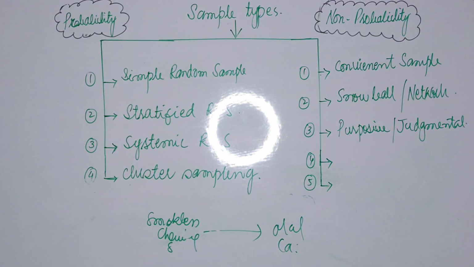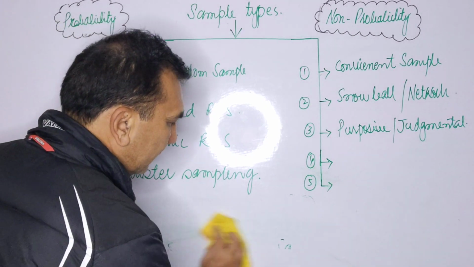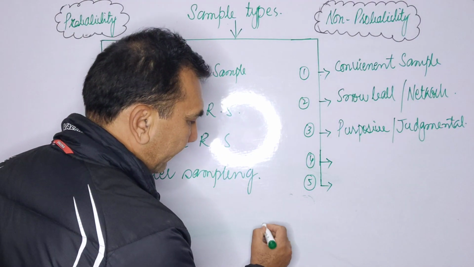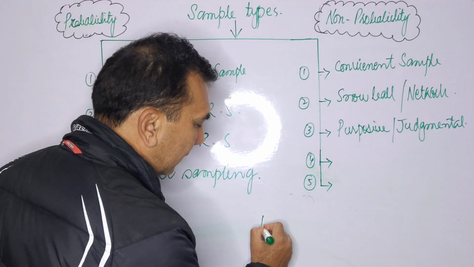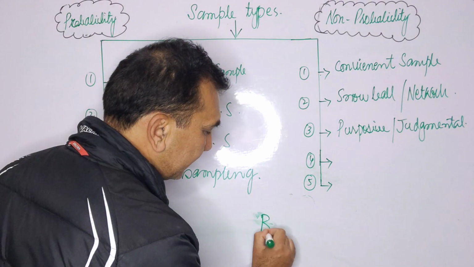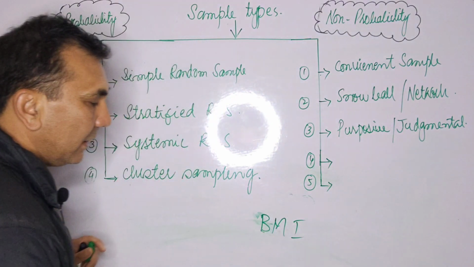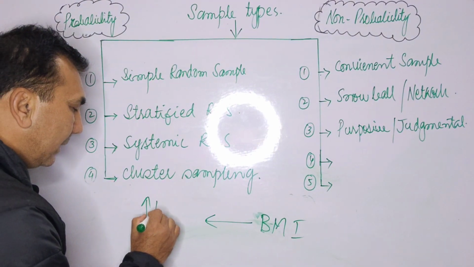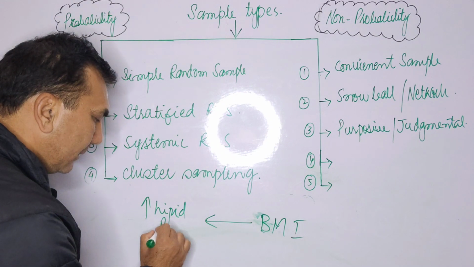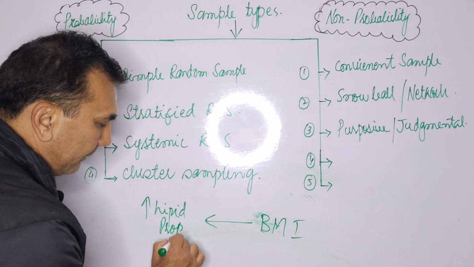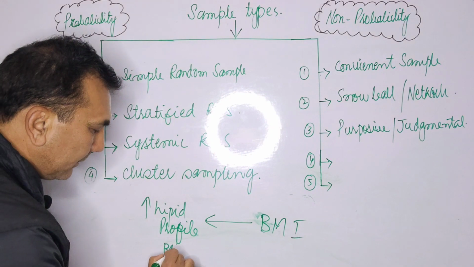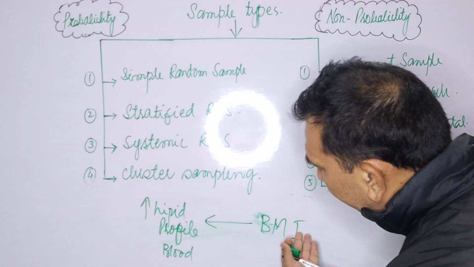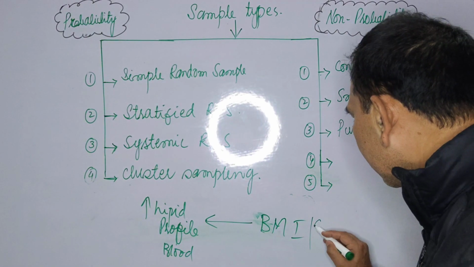Now, another example. Suppose he wants to see the BMI, and he has already selected those people who have a little bit high lipid profile in their blood, LDL and HDL, and he selected those people to see the BMI or stroke.